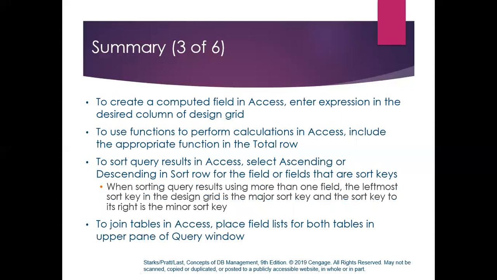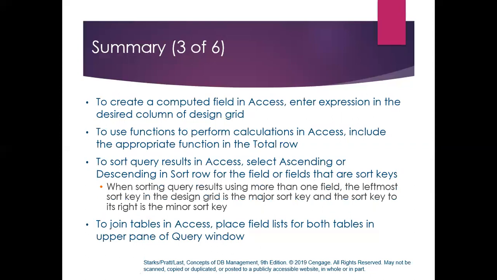To create a computed or calculated field in Access, enter the expression in the desired column of the design grid. To use functions to perform calculations in Access, include the appropriate function in the total row.